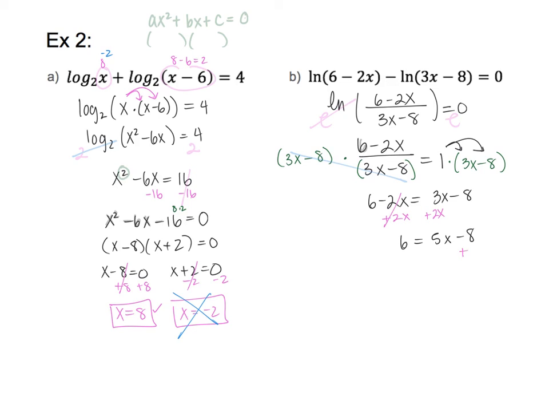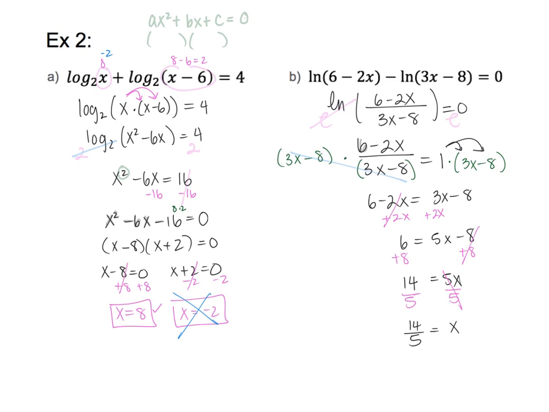I'm going to add 8 to both sides. So this becomes a 5x. 6 plus 8 gives me, oh, not 13, 14? Yeah, 14. And then if I divide by 5 here, 5's cancel. So x is equal to 14 over 5.